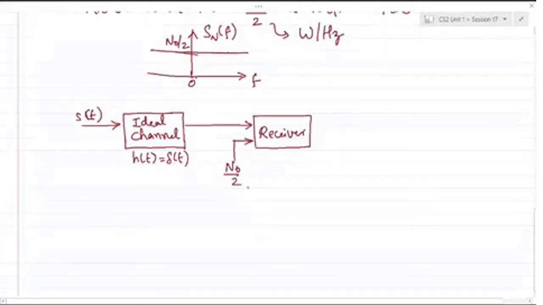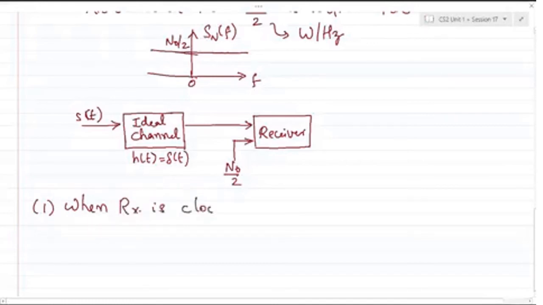Now the receiver's job, when it receives this signal, is to convert this continuous time domain signal to a number. As we said, we'll start with the first type of signal demodulator, where the receiver is clock sampling the data.